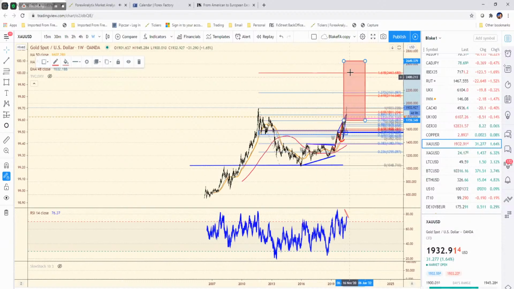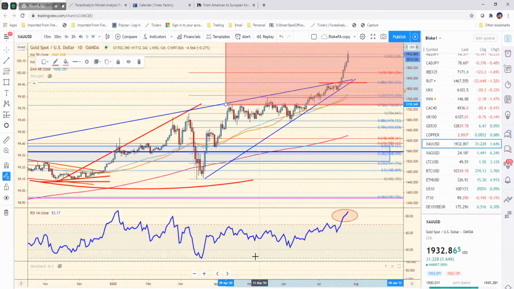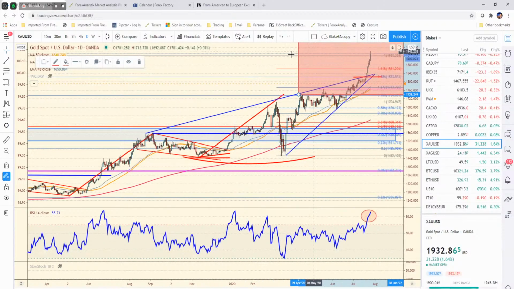I don't think a move to 2,500 in gold is going to be uncalled for based on what central banks are doing. So with that being said, you guys shouldn't be short gold or silver or any of these precious metals, and this has been the argument for weeks.